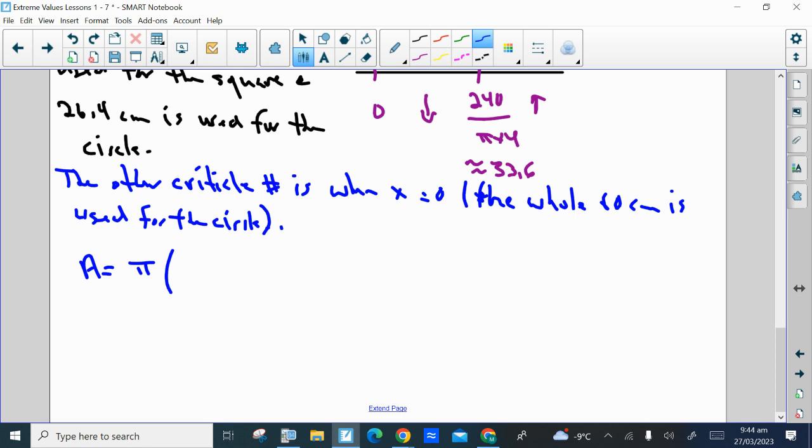And the formula for the area of the circle, actually we should also check, yeah, A at 0.